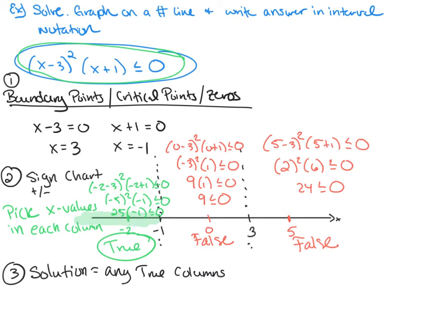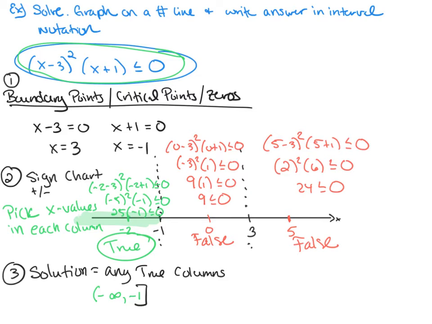That column we would write as -infinity to -1, always putting parentheses at the infinities. For the -1, we would want to put a bracket because we do want to include the times that our polynomial equals 0. So we'll have a bracket at the -1.